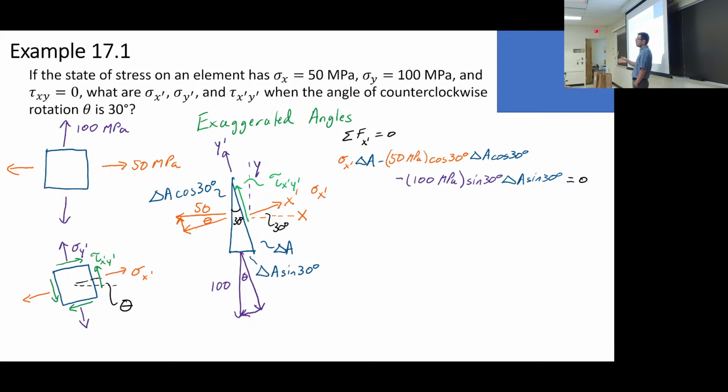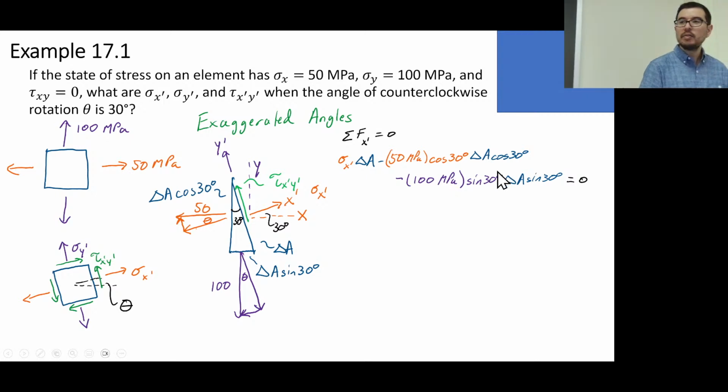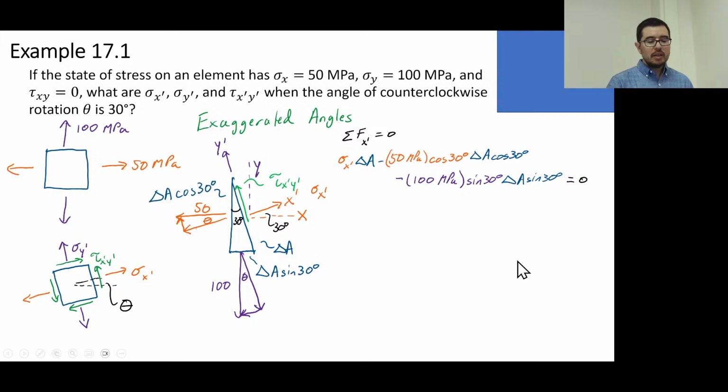But then that has a component that is aligned with the x prime direction. So not the x prime face, the y prime face or the x prime direction. That's what we use when we do the equilibrium. So now we can solve for sigma x prime. So that's what sigma x prime is.